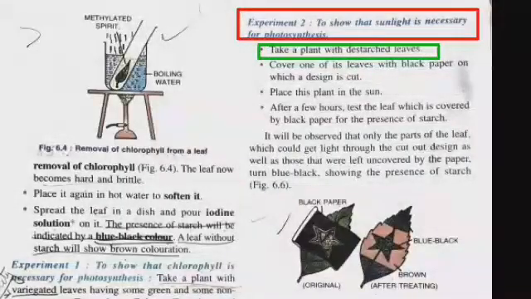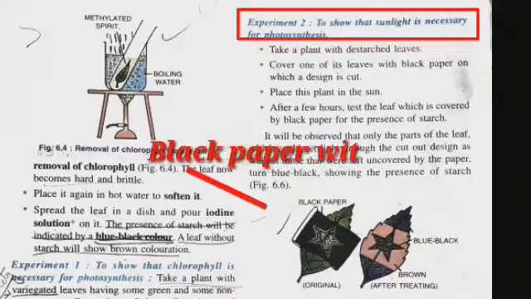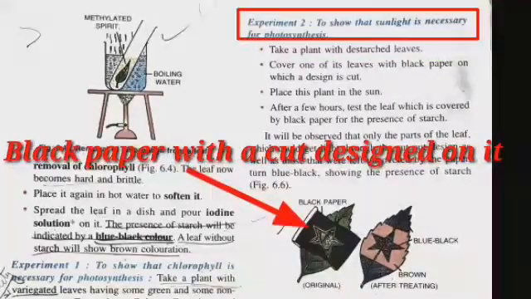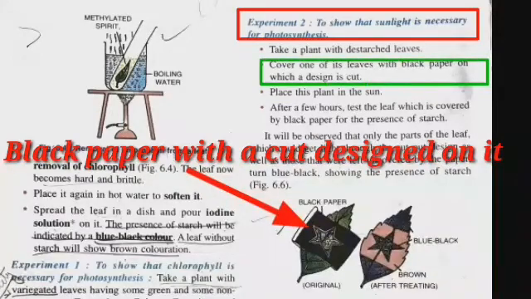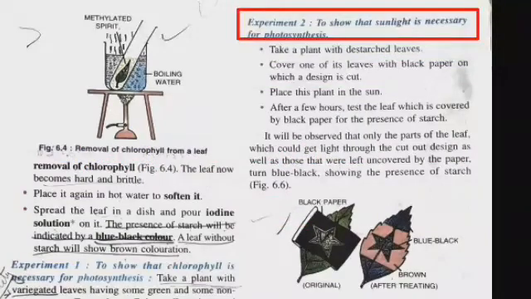But before keeping the plant outside, we have to place this black paper with a cut design on any one leaf of that plant with the help of a paper clip. See the diagram here.